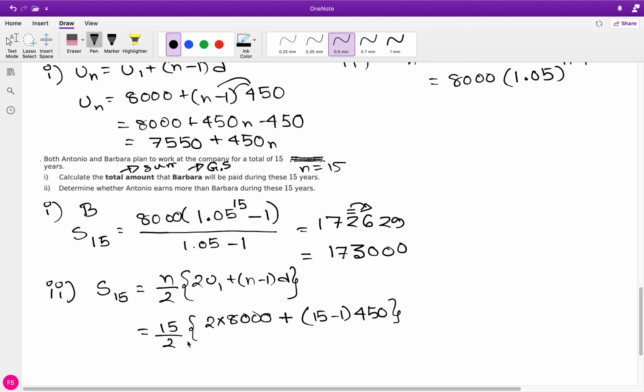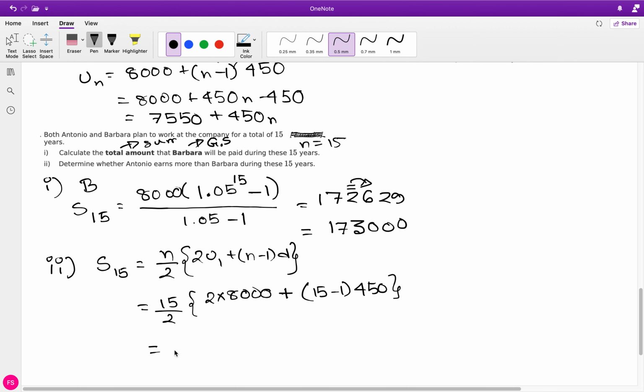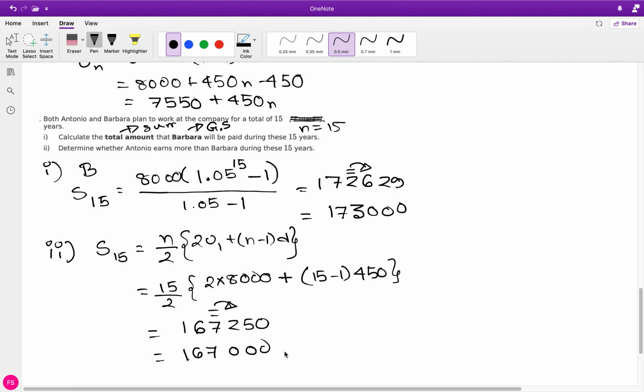I'm going to close the bracket and calculate this. This will give me something around 167250, but again, I'm going to use 3 significant figures, so I'm just going to use 167. I will not change this number because the number after it is less than 5, and I'm going to substitute zeros for these digits. Okay, that's all for today.